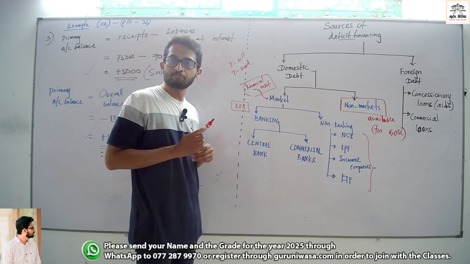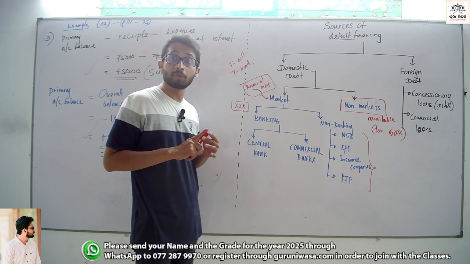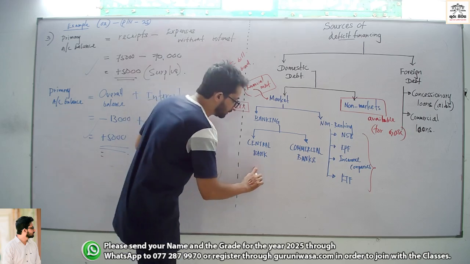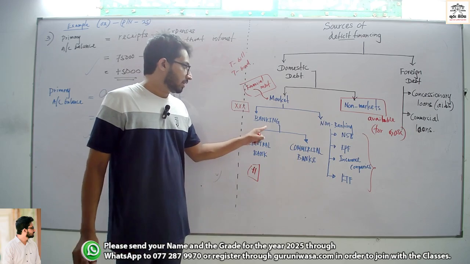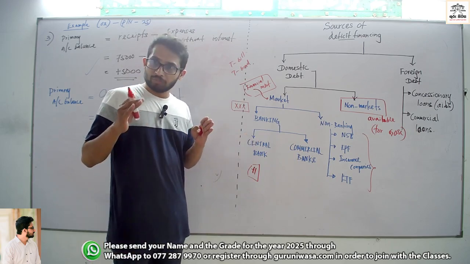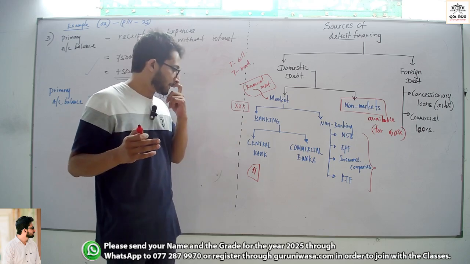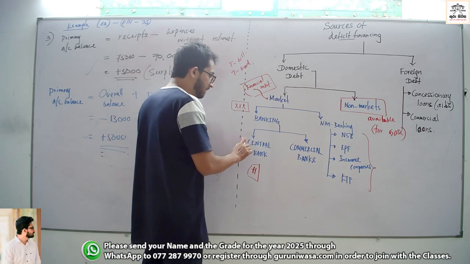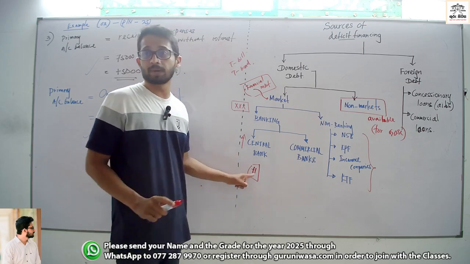By printing new coins and notes. Can you remember that part? High powered money, H. When government takes loans from the banking sector, especially the central bank, it has to print new coins and notes, increasing the high powered money supply H.